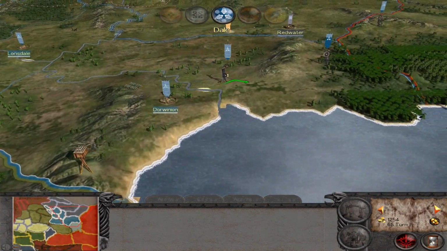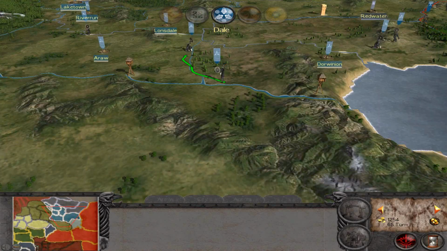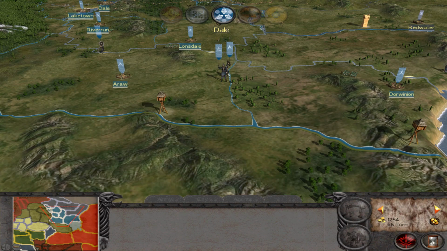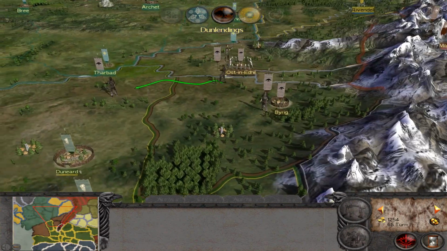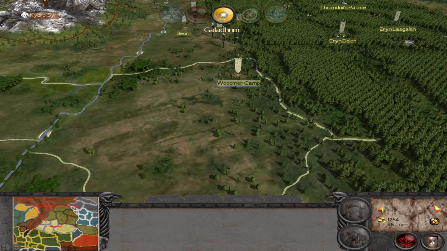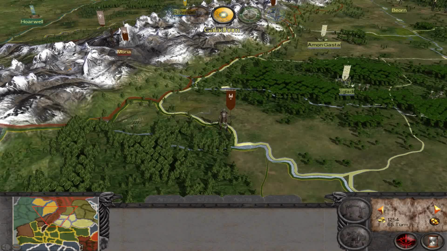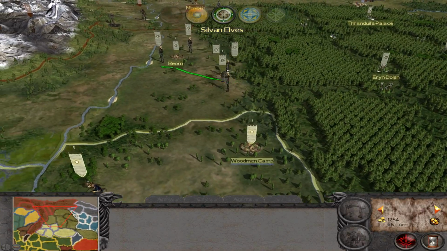So making them a vassal through the forced diplomacy feature is a good way of preventing them from betraying you if they are weaker than you. But we lost our diplomats, so we can't do that anymore. We have no choice but to destroy them.